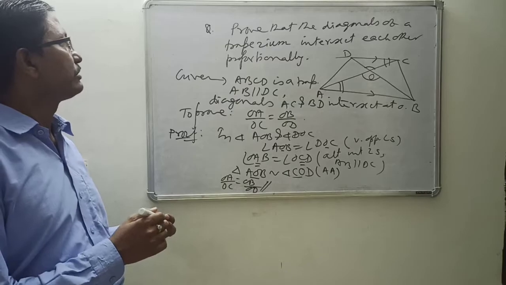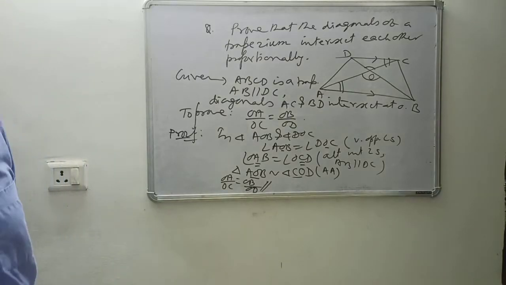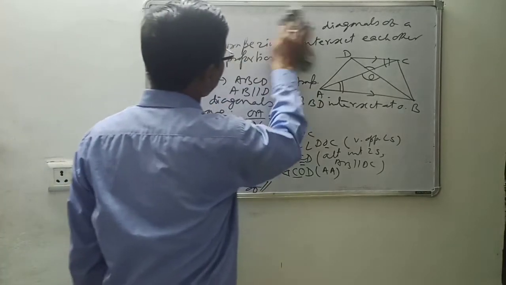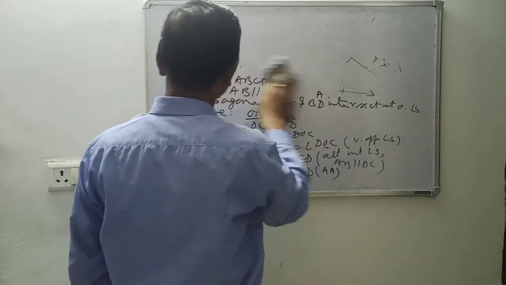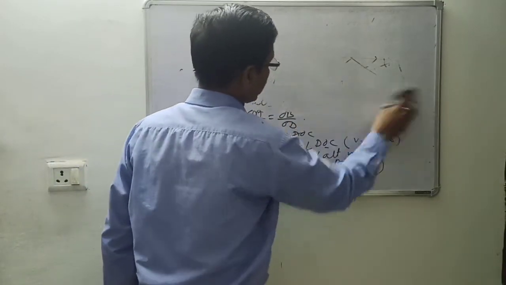Okay. Now some more questions to be discussed. Now one more question that is also an important type of problem, in the exam also it has come repeatedly. See that question.